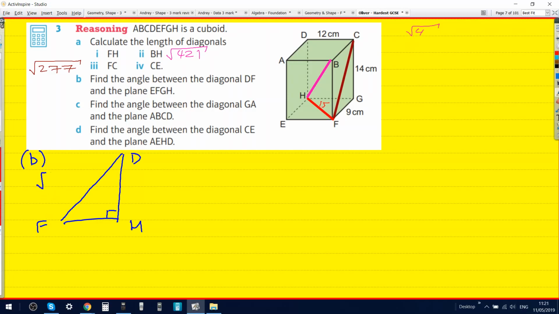F to H is 15, and D to H is 14. Okay, how do we get the angle?